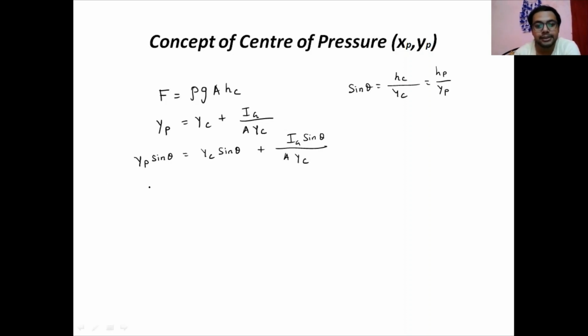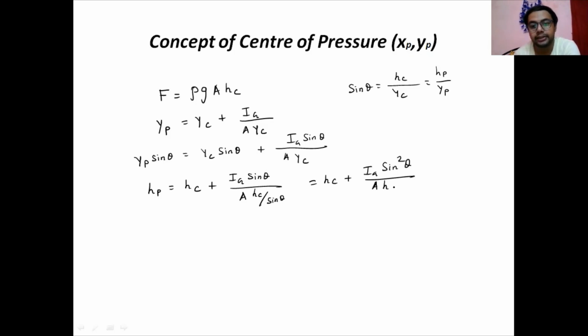So you are getting YP sine theta is HP, YC sine theta is HC, so HP is equal to HC plus IG sine square theta over A HC.